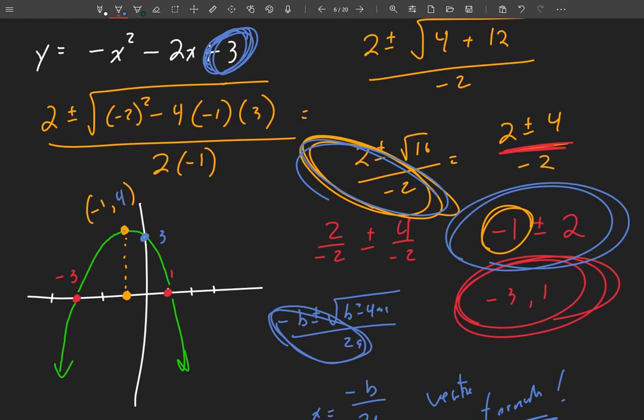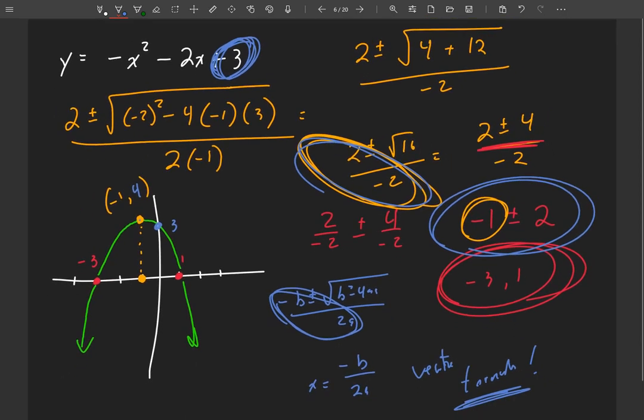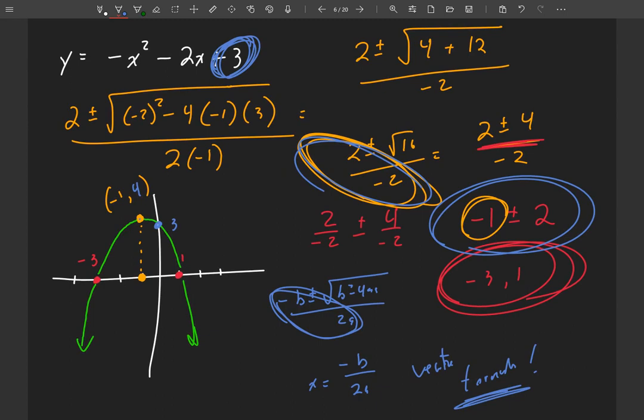I'm not going to actually plug it in, but you'll see that that's what that in fact is the case. So I just kind of wanted you to see that the vertex formula that we learned about last time actually appears in the quadratic formula, and you can kind of glean some other deeper patterns and information if you kind of look at it that way. Pretty cool stuff.